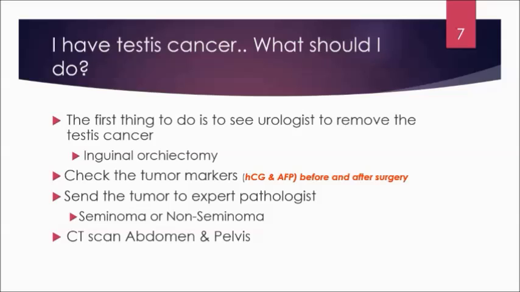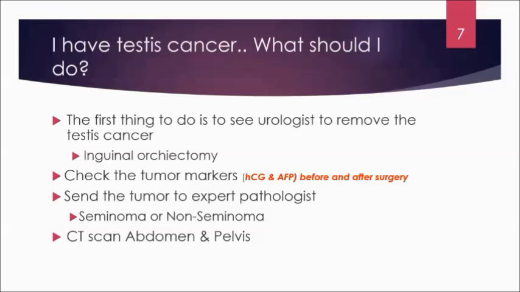That's the best way, and actually it should be the only way to remove testicular cancer. And then we always check these tumor markers that I just mentioned, both before removing the tumor and after removing the tumor.